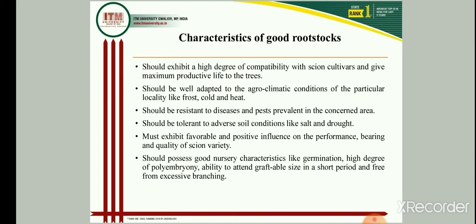It should be able to survive under abiotic stress related to soil, like high salt and drought conditions. It should have the ability to transfer a positive influence over the character of the scion, so it should regulate well the bearing habit and quality of the scion without any negative impact.